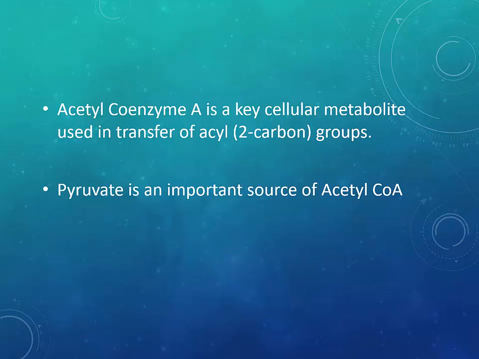Then we convert pyruvate to acetyl-CoA through oxidative decarboxylation. We pull off a CO2, and that gives us acetyl-CoA. Our primary sources for acetyl-CoA are pyruvate, as well as the fatty acyls. In beta oxidation, we break down fatty acyls to release acetyl-CoA at the end of those reactions.